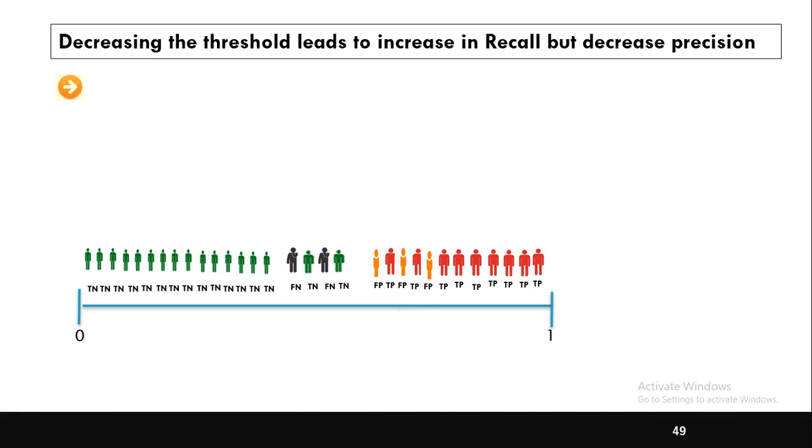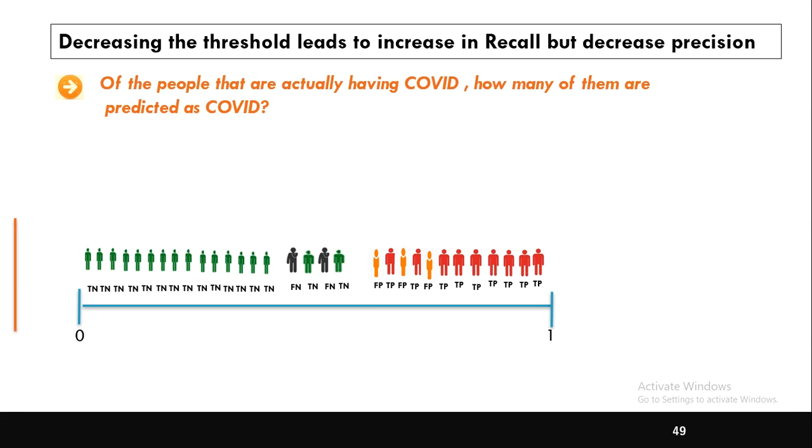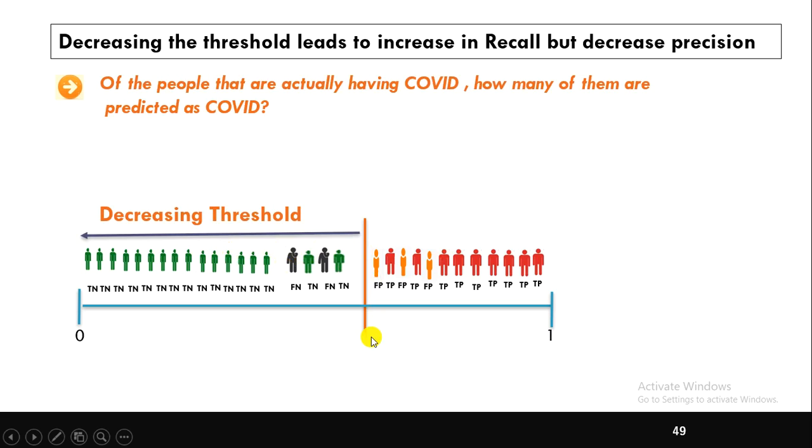So now let us look at the effect of decreasing the threshold value. In this case we have decreased the threshold value to 0.60. Earlier this line was here, now it got pushed toward the left side because of the decreased threshold.